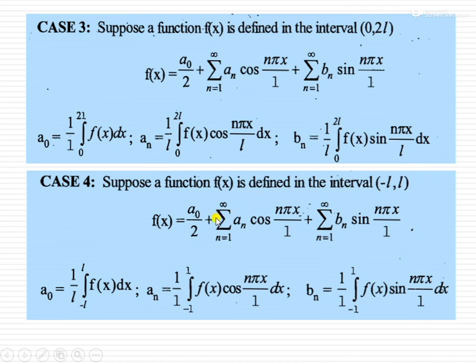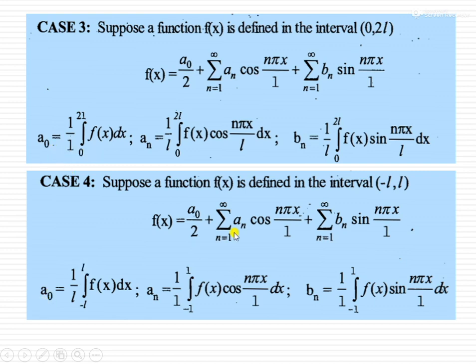And the last one, case 4, if the function f of x is defined in the interval minus l to plus l, then a0 can be written as 1 by l integral minus l to l f of x dx. In case 3, we can see the interval is 0 to 2l, and a0 becomes 1 by l.